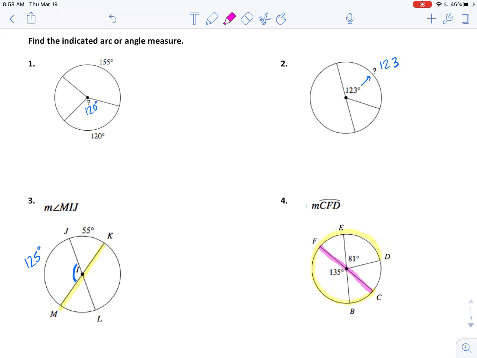So let's see, what is this right here? What is CF? Well, that's got to be a diameter. It's a chord. It goes through the center. It's a straight line. So if that's a diameter, then this must be 180, like we saw over here.